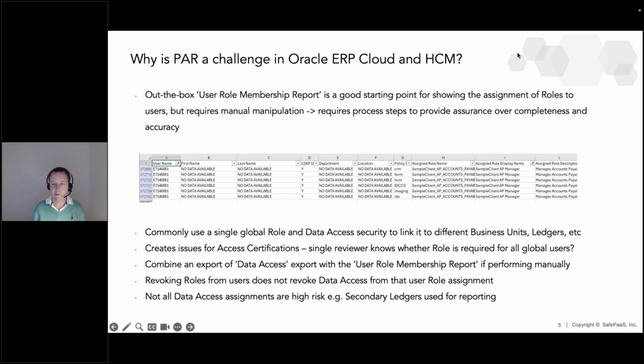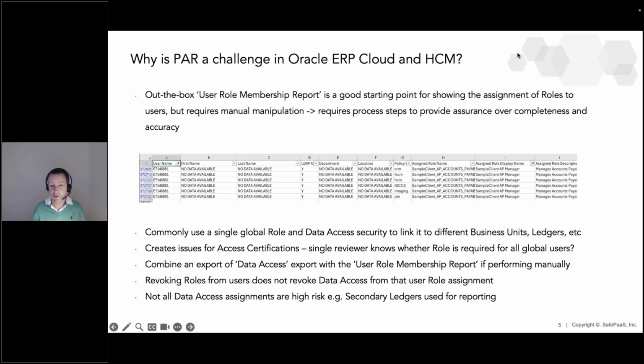Unlike in E-Business Suite, where before multi-org access control you probably would have created a different responsibility for each country around the world and then linked them to the organizations or ledgers, in Oracle Cloud ERP you'll have a single role that covers everybody around the world, and you'll use data access security to link it to those.